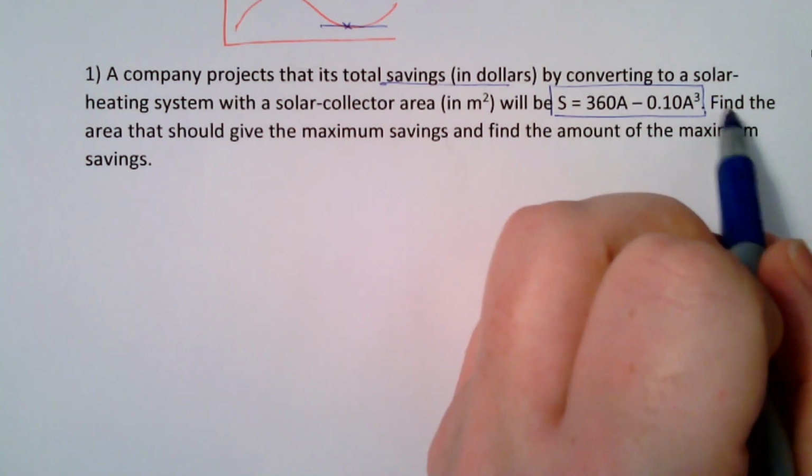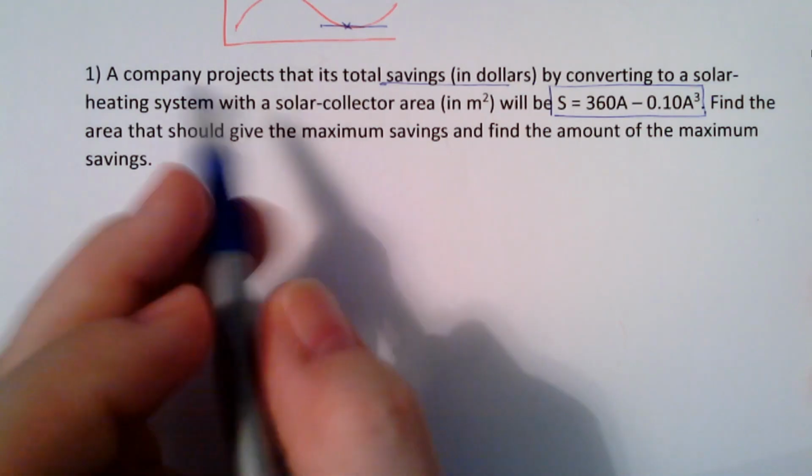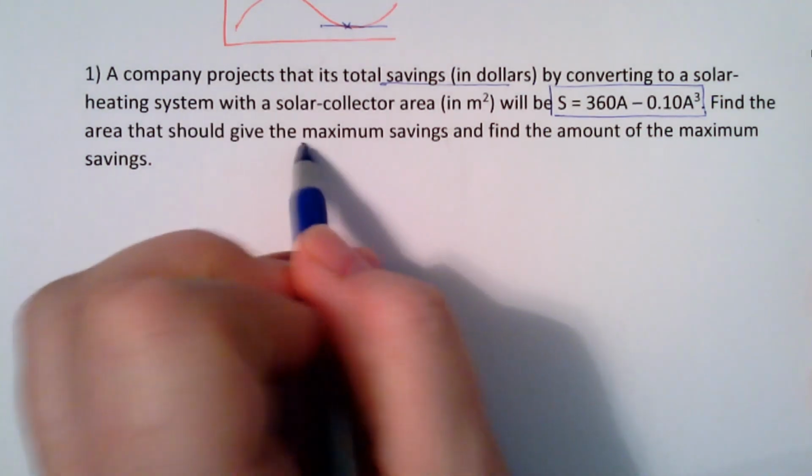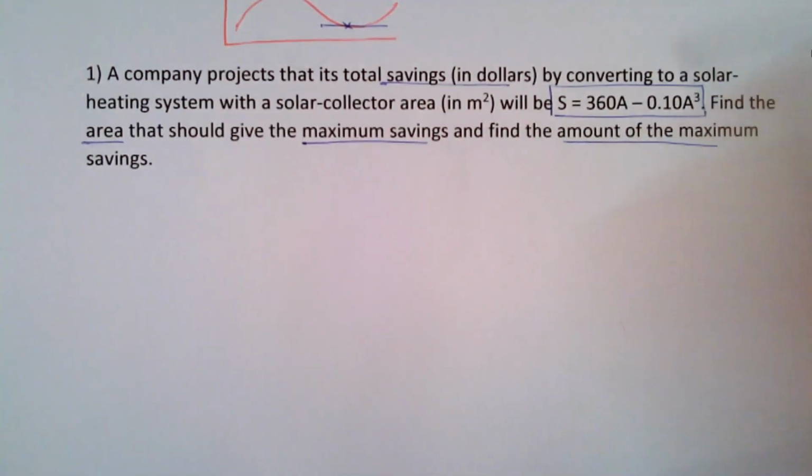We are going to try to find the area that should give the maximum savings. We are also going to try to find the amount of savings that would result. All right. So my goal here is to find where maximum savings would occur.